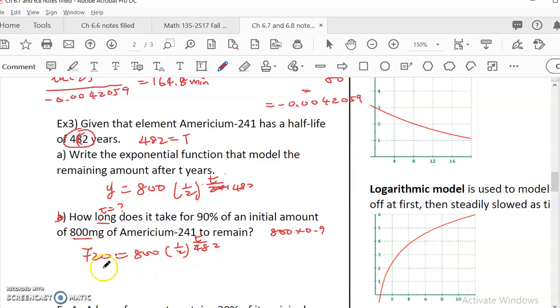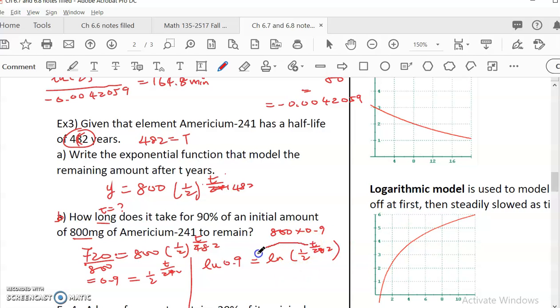If I solve this, I divide by 800. This would actually be 0.9 equal to 1/2 to the power t over 482. To solve for the unknown, we do ln 0.9 equal to ln of 1/2 to the t over 482.